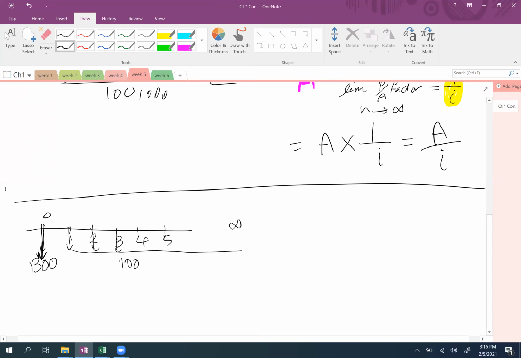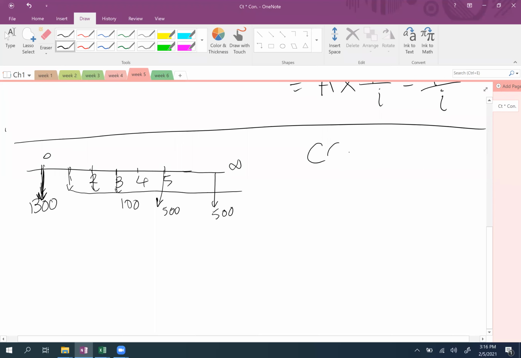But on the other hand, I know that there is a cost of, for example, $500,000 that I have to pay only every 5 years. So we want to know what is the capitalized cost or present worth of this project.